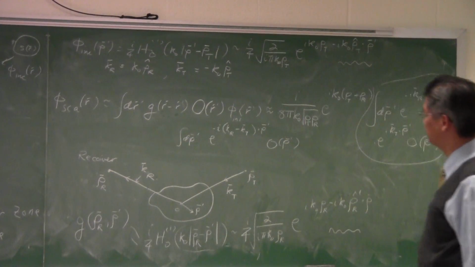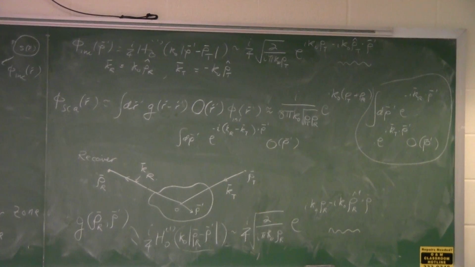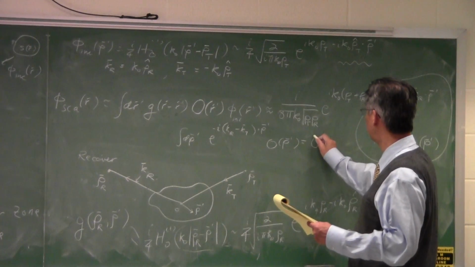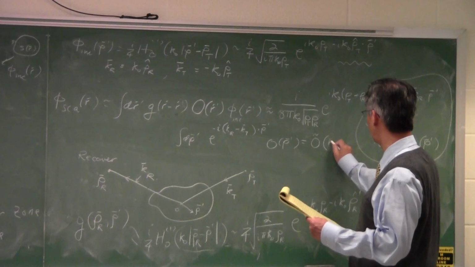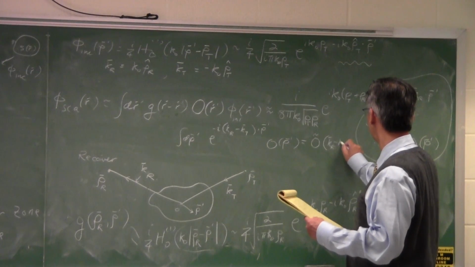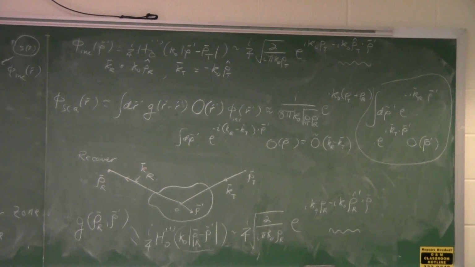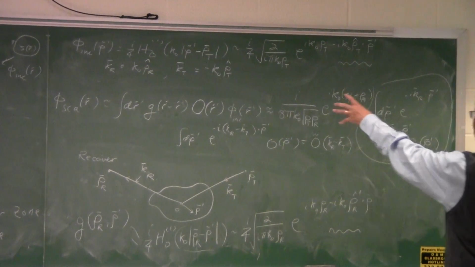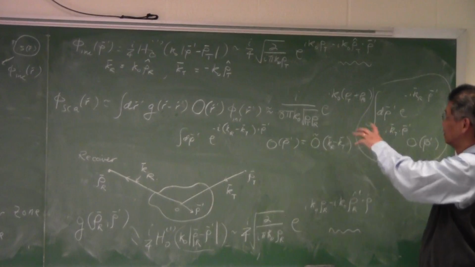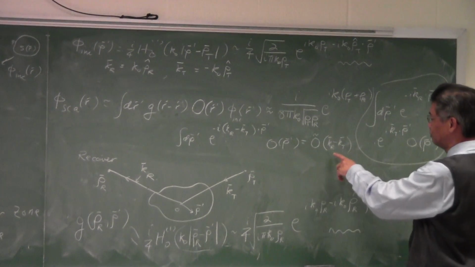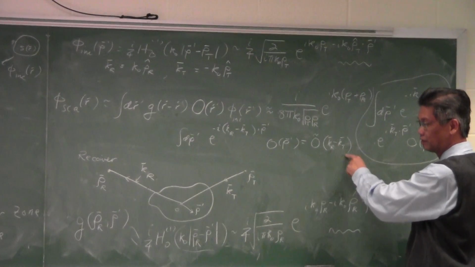That thing in the circle is just that thing over here, and this is just equal to the Fourier transform of this evaluated at KR minus KT. Okay. So it has something that's very nice. We say the scattered field is a big constant I can estimate times its Fourier transform. So the Fourier transform is at the difference of these two vectors.